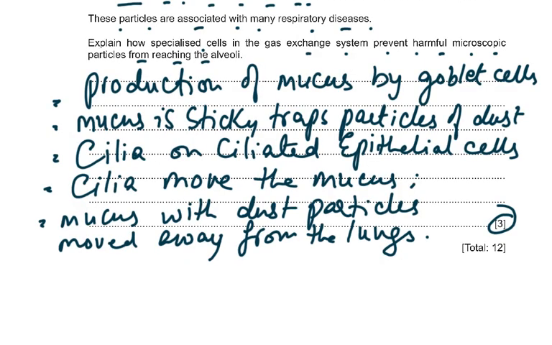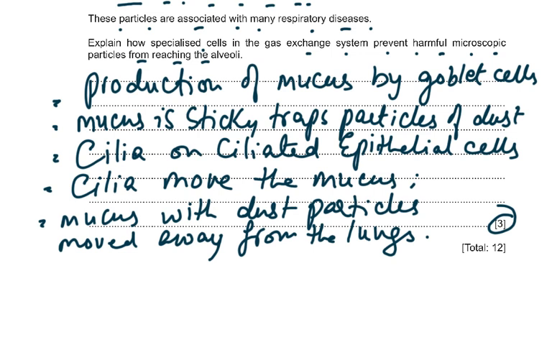Now, how does the gas exchange system prevent harmful microscopic particles from reaching the alveoli? You know there is this whole system in which goblet cells produce mucus, so production of mucus by the goblet cells. And the mucus is a sticky thing, so the whole trachea and the inside of the air passages become sticky. So when you inhale, the air might contain dust particles which you can't see, of course, or bacteria or viruses, and those will stick to the mucus.